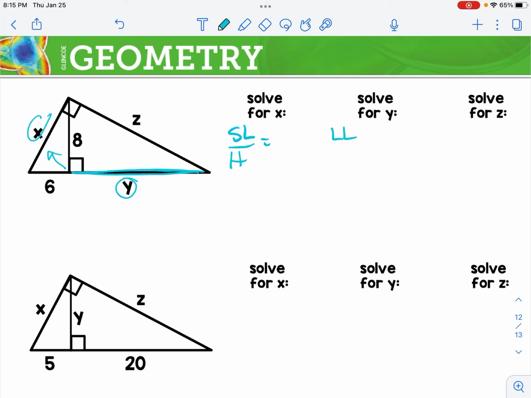So I have a long leg and I have part of a hypotenuse, meaning the hypotenuse for that one would be 6 plus y would create the hypotenuse for the next one. And the long leg for that one would be z. Let's check out what z is going to be. Z represents a hypotenuse and also a long leg.